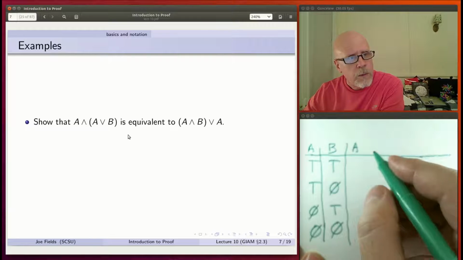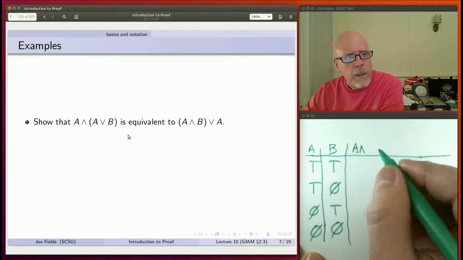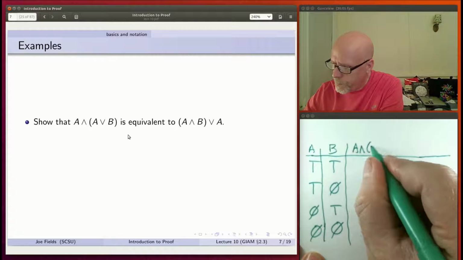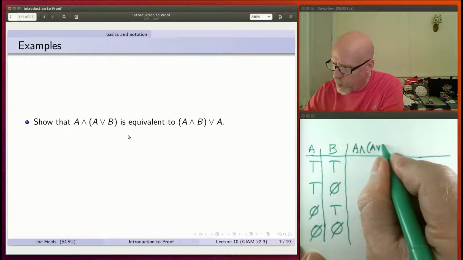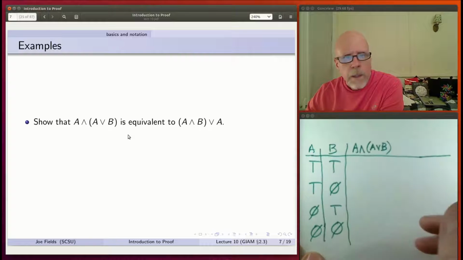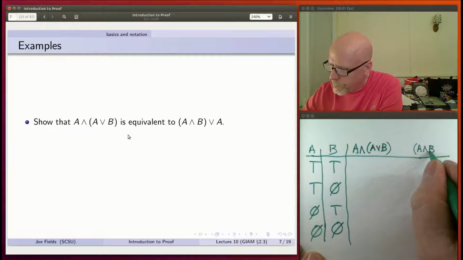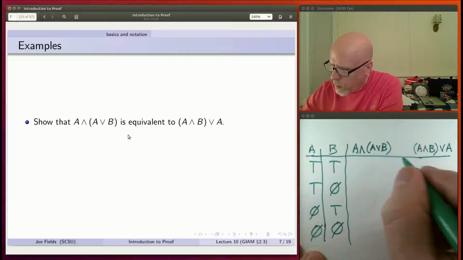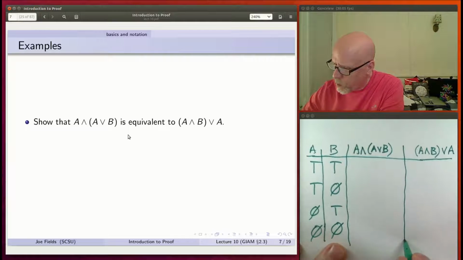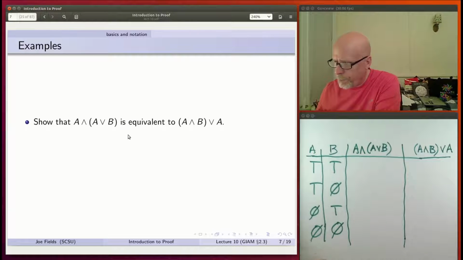A ANDed with (A or B), the A or B in parens. And the other one is (A and B) ORed with A. I was double checking those as I wrote them down, so I'm pretty sure I copied them right.